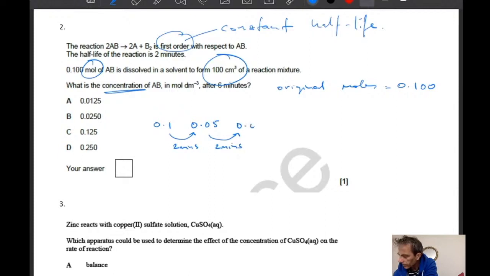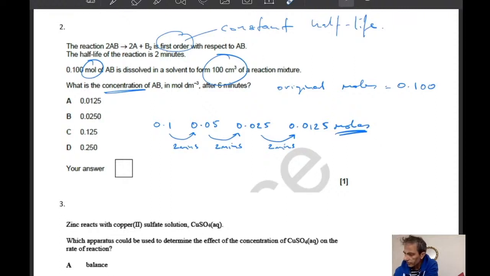We're going to go to 0.025, so halving again. After another 2 minutes, so we're now at the 6 minute mark, this is where we want to be, we get to 0.0125. But remember, these are moles. You can see there's an option there for 0.0125, and a lot of people actually selected A as the answer, which is not correct, unfortunately.